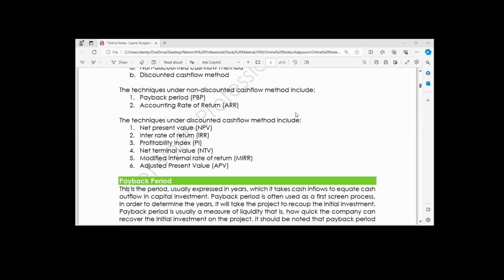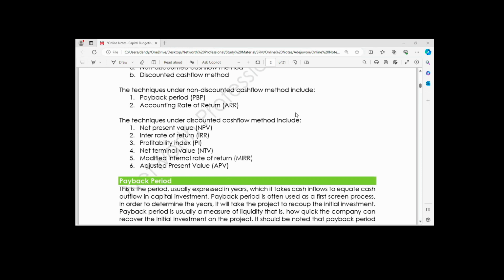Why is it so? Because of price level changes, because of inflation, and the investor's preference to have their benefit now rather than delaying into the future. That is why the value of 1 naira of today is worth more than the value of 1 naira of tomorrow.